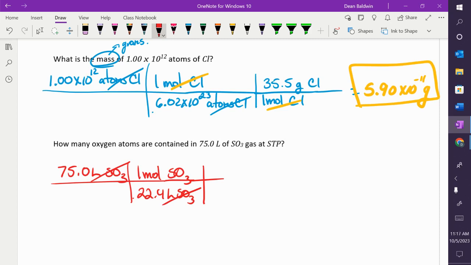Okay. I have moles of SO3. I now need to know how many, what unit conversion am I going to use next? Particles. I need to know particles of SO3, or molecules if you want. So that means 1 mole of SO3 is 6.02 times 10 to the 23 particles or molecules of SO3.